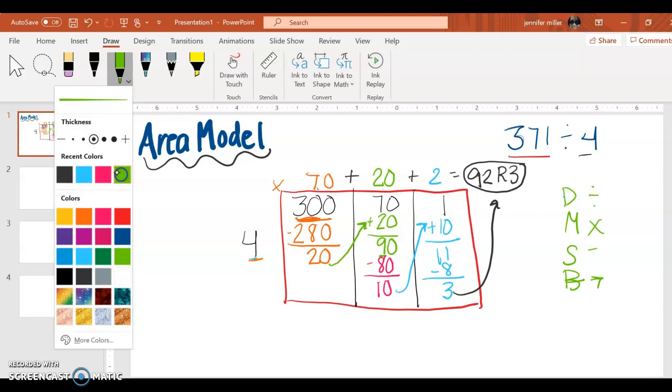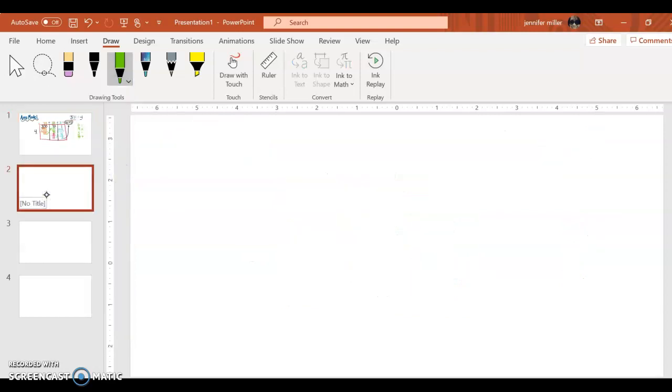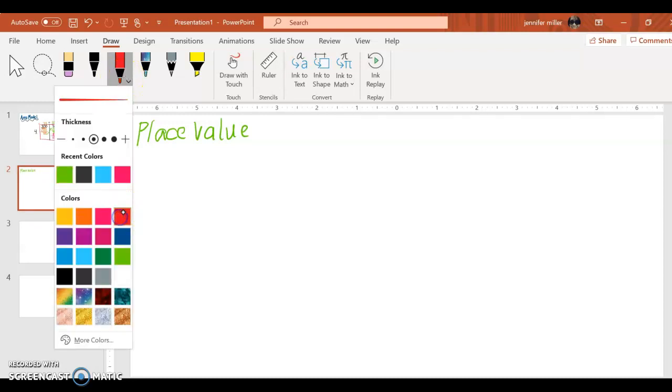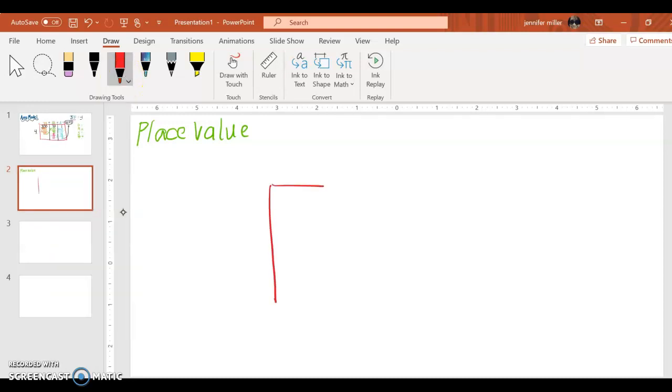Our second model we're going to look at is a place value model. It's still an area model. But this one's a little bit different. This one, it might seem easier, but it's a little more difficult because you actually have to remember the place value.